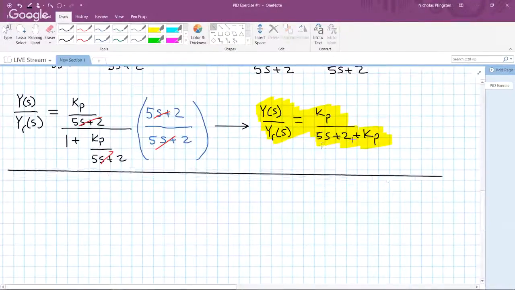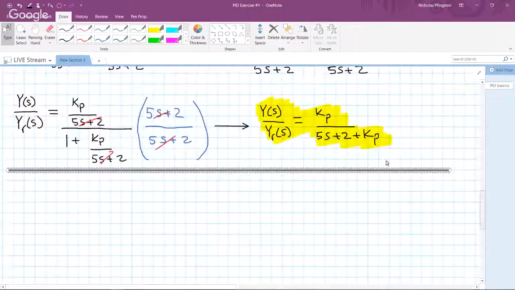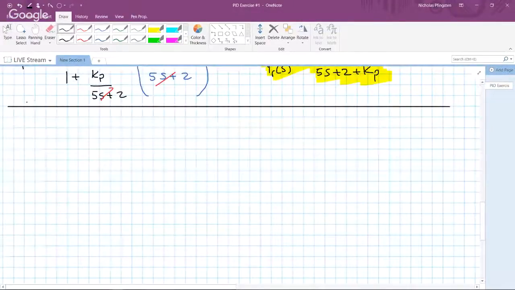The other way you could find this, and probably a lot of you would already know if you're taking your standard electrical systems 1 course or some other course, I'm going to denote that H sub c of s, which is your transfer function for your steady state command error situation.